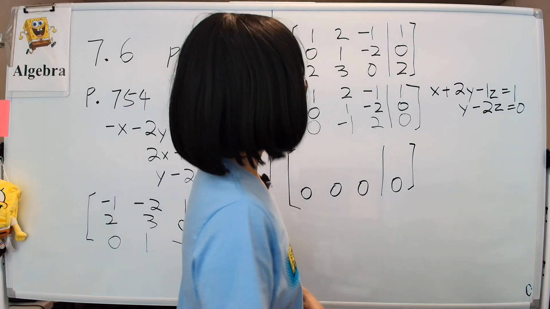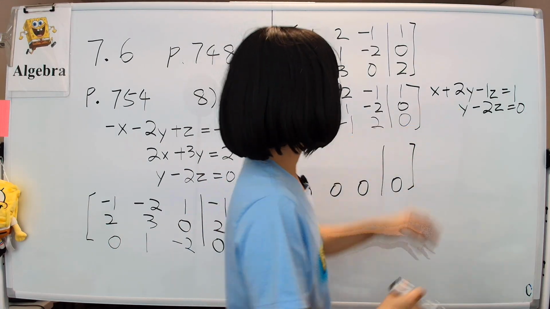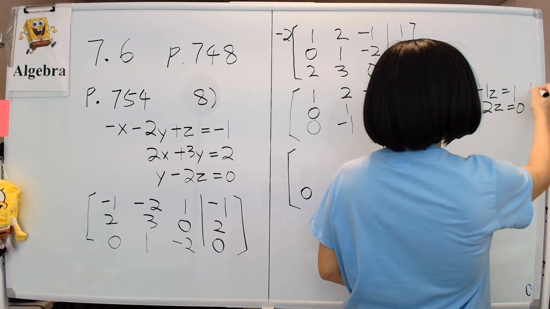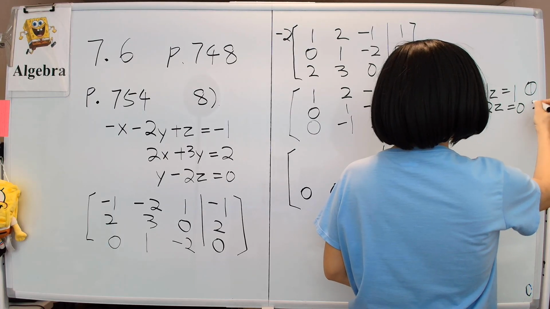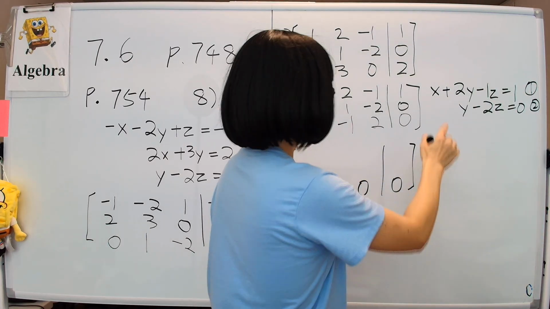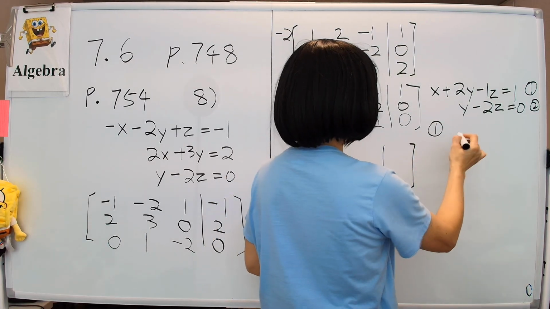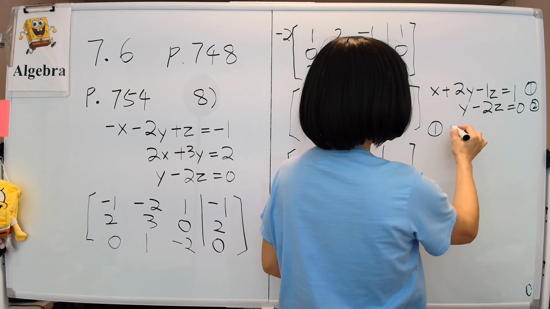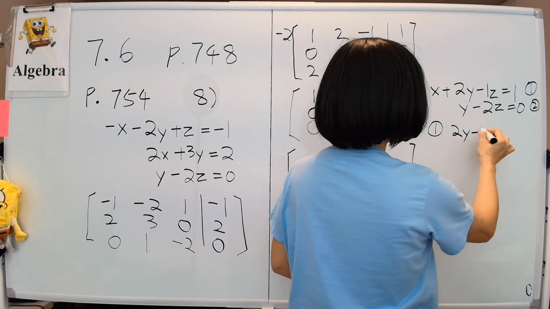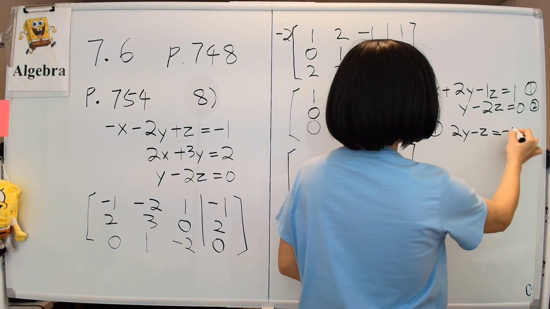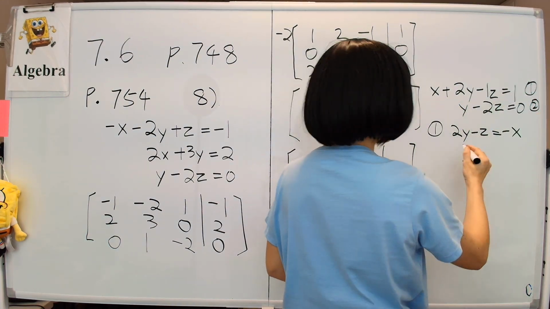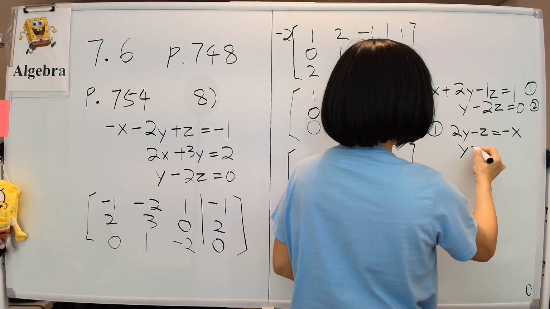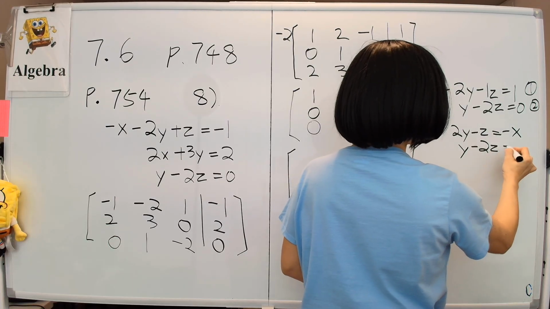All right, so this will be called equation 1, and that will be called equation 2. And I'll rewrite equation 1 like this. Then we will have 2y minus z equals negative x. Okay, I just move x to the other side. And then y minus 2z equals 0.